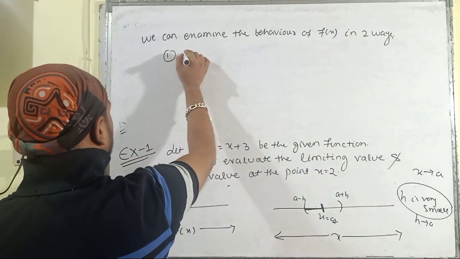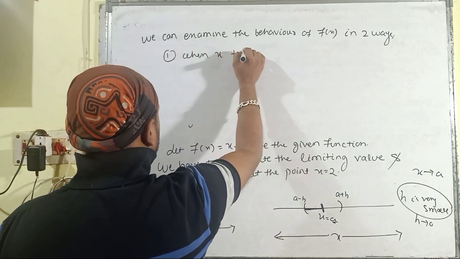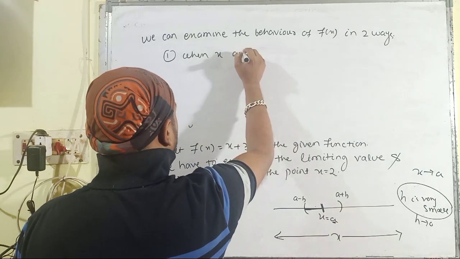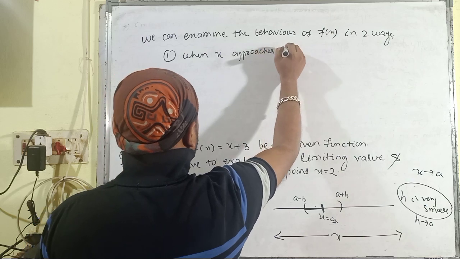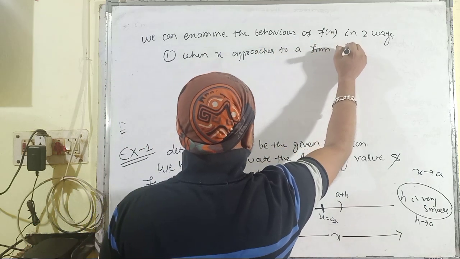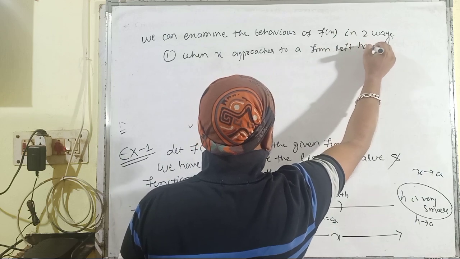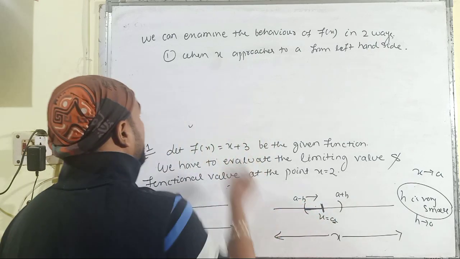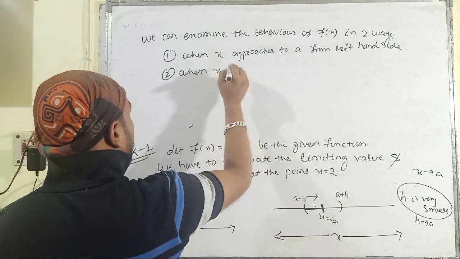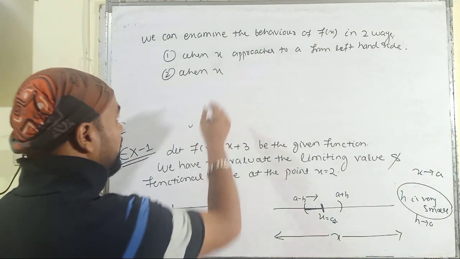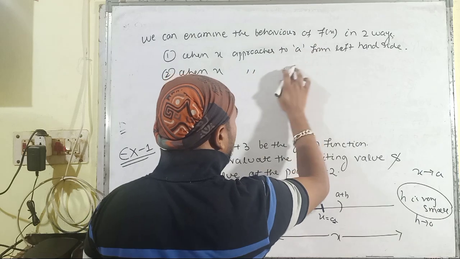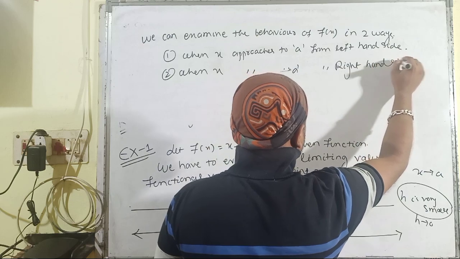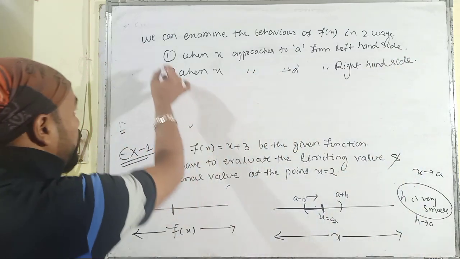The first one is when x tends to a, or approaches a, from the left hand side, that means from here. And also we can examine the behavior of f of x when x approaches a from the right hand side. And then we have to compare.